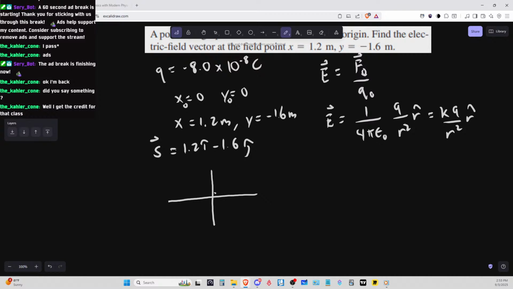So the charge is at the origin, Q, and then let's make this 1, 2, and then negative 1, so this is negative 1, and this is positive 1, and then if we go 1, 2, 3, 4, 5, 6, so we got to go down here like so. So we got to know what the force is on here.